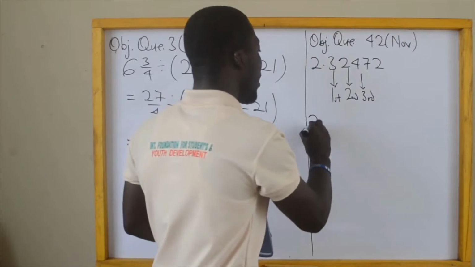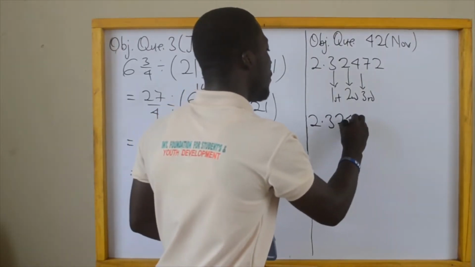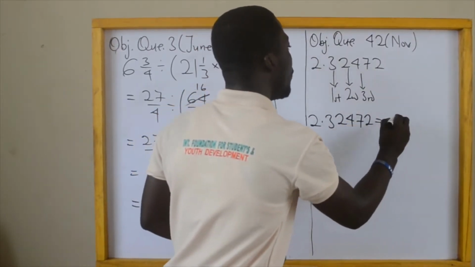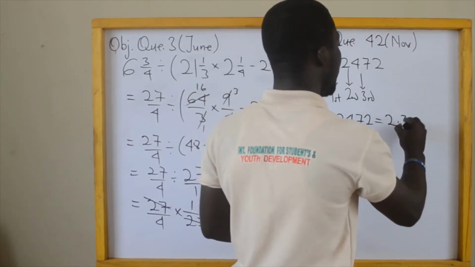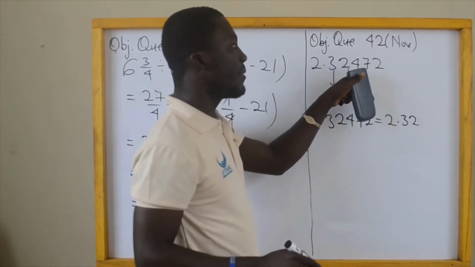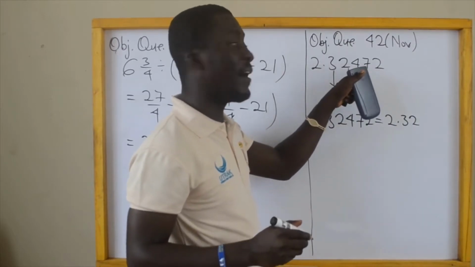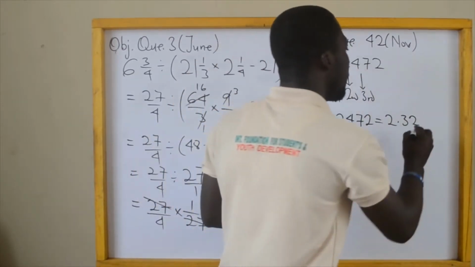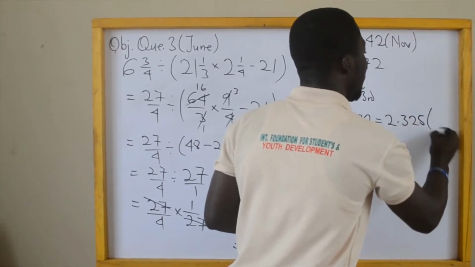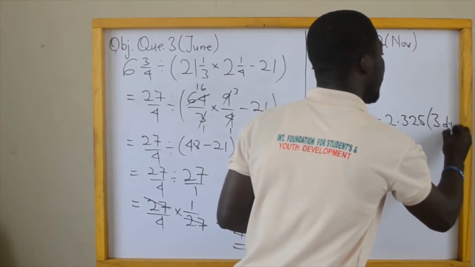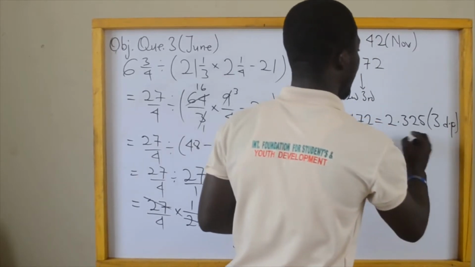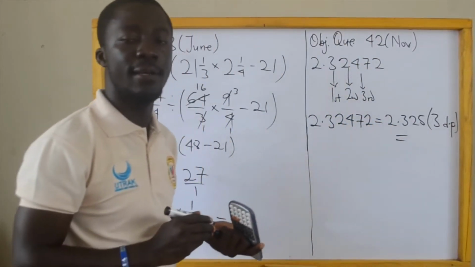So our 2.32472 will be equal to 2.325. Since this is greater than 5, we will add 1 to the 4 and we get 5. So to 3 decimal places, that will be our answer.